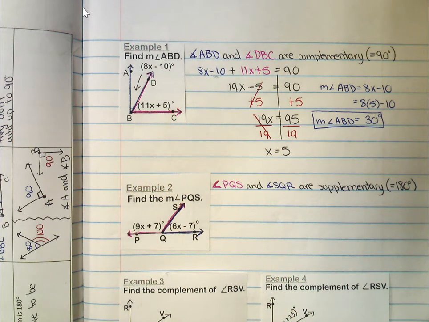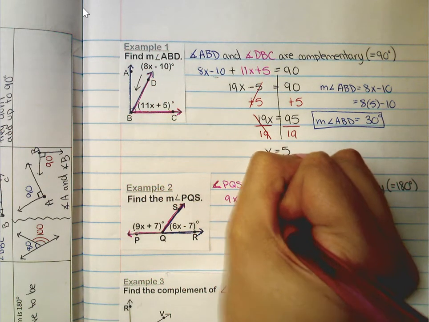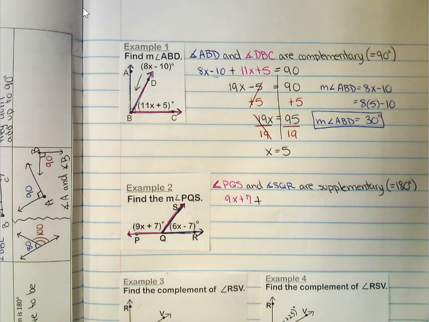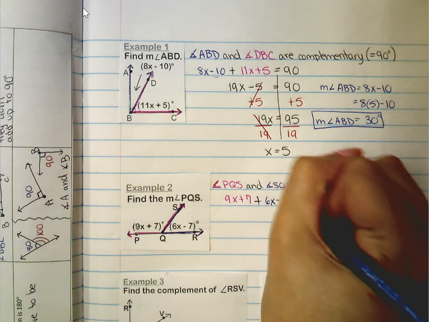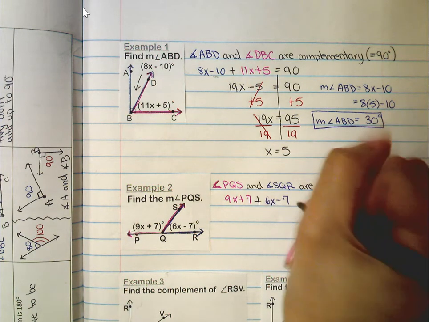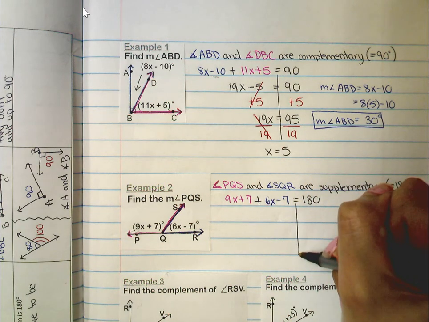PQS is the pink angle. That's 9x plus 7, plus my blue angle, which is SQR. That's 6x minus 7. And because they're supplementary, they should equal 180. So now I'm solving this equation.